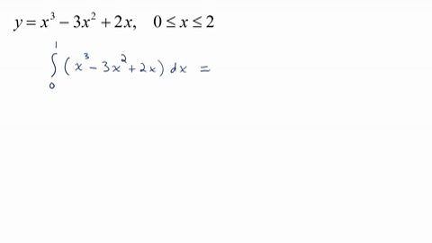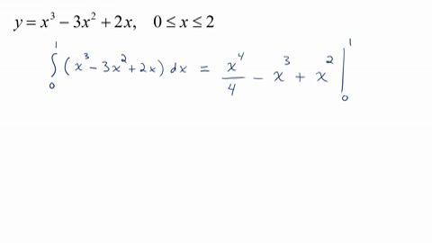Taking it term by term, the antiderivative of x cubed would be x to the 4th over 4, minus the antiderivative of 3x squared, that's 3x cubed over 3. The 3's divide out, just giving us x cubed, plus the antiderivative of 2x, which would be 2x squared over 2, or just x squared. And we want to evaluate this expression from 0 to 1.